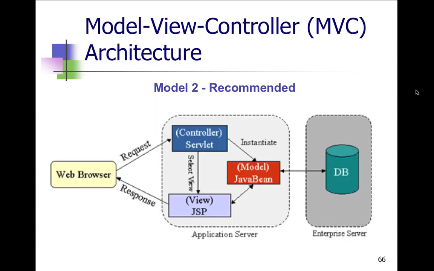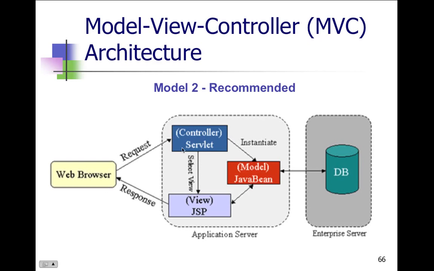Some designs actually lend themselves better to certain configurations. So the Model 2 recommended here for the model view controller architecture works like this: the web browser makes a request to the controller servlet, the view could be the JSP modules, and the servlet instantiates a model itself. So we have the model view controller in here, where the view is used from a JSP perspective to send a response back to the web browser.